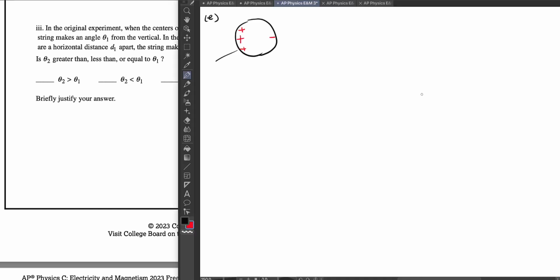Now, since we already know the charge distribution is like this, right? So let me also draw sphere 2. So the force between the two spheres, the repulsion between them, now will be smaller. So this F in case E here will be smaller than the previous F Q that we drew earlier.